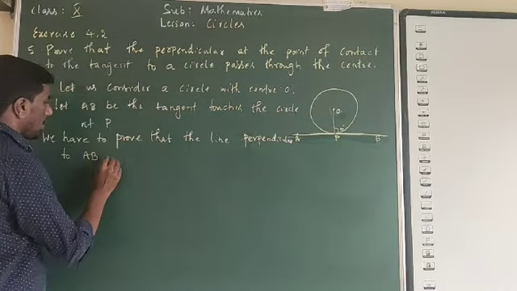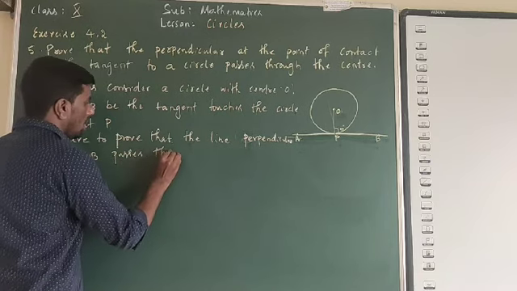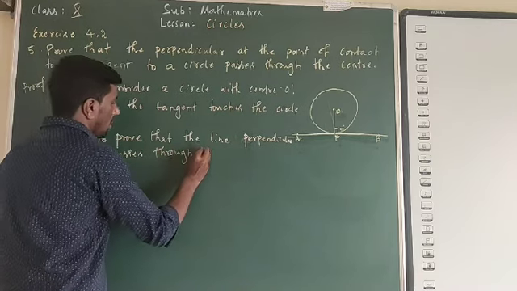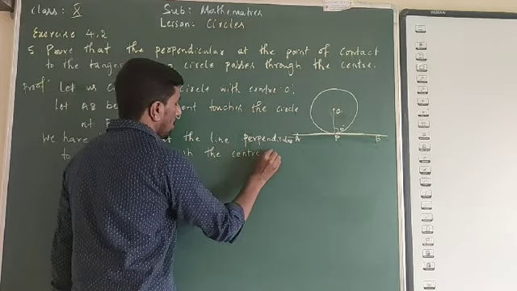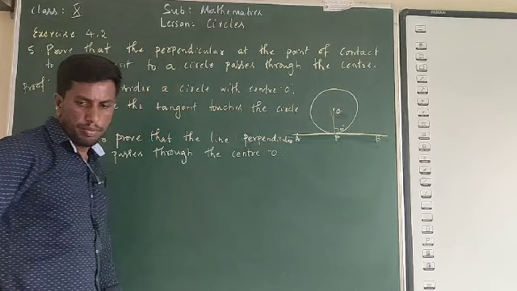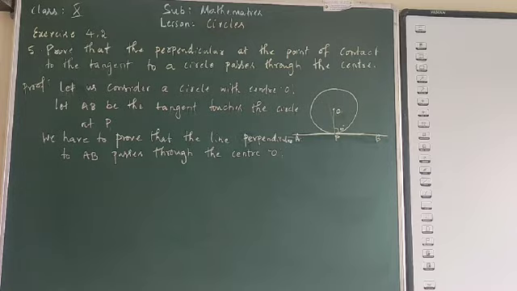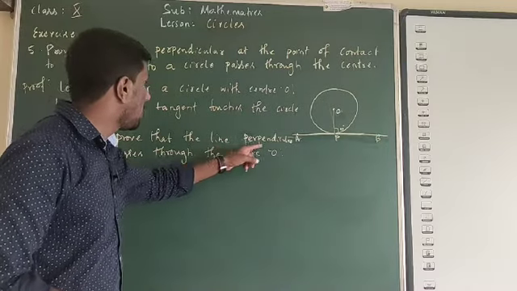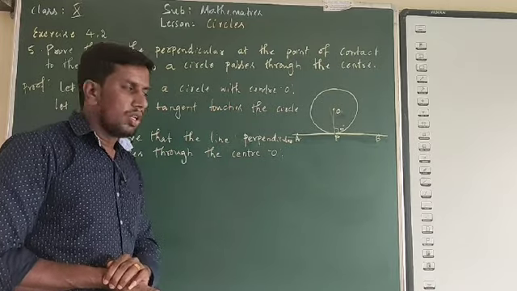The line perpendicular to AB passes through the center O. We have to prove this. We have to prove that the line perpendicular to AB passes through the center O.